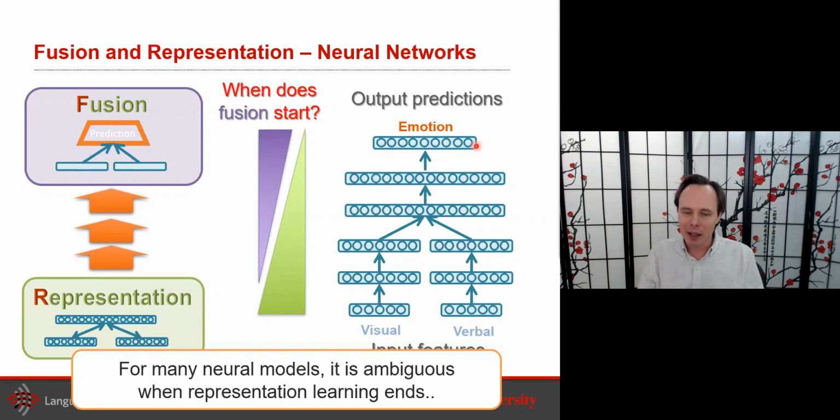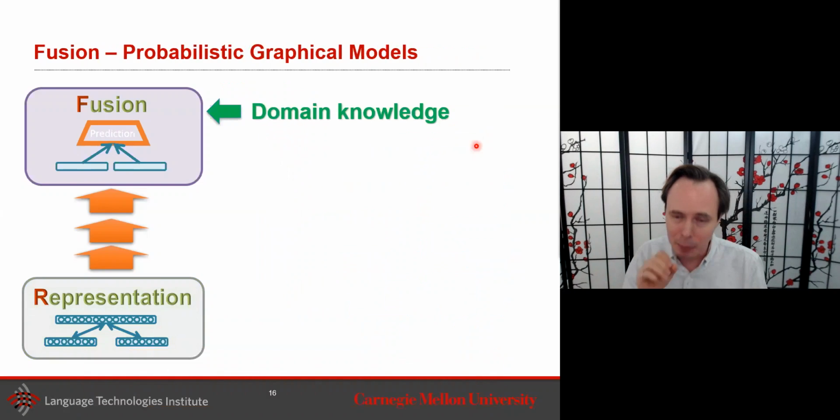It's almost a little bit philosophical, so I will not try in this class to argue where fusion and representation learning end and start for neural networks. But for other models, like probabilistic graphical models, it's a lot more obvious that they are better suited for fusion.